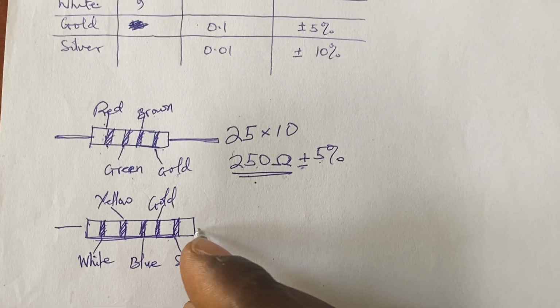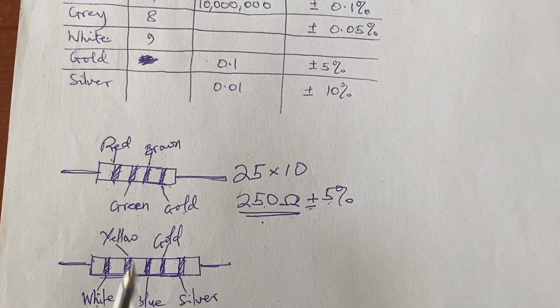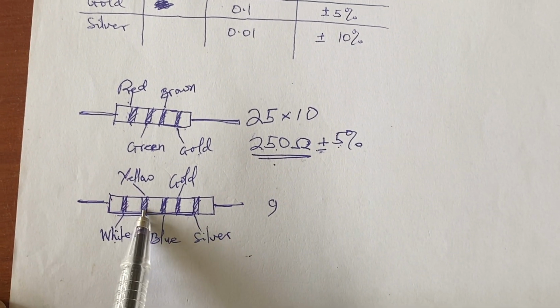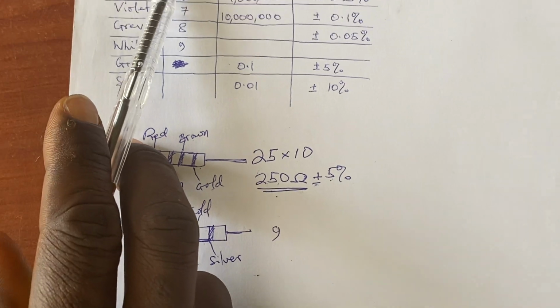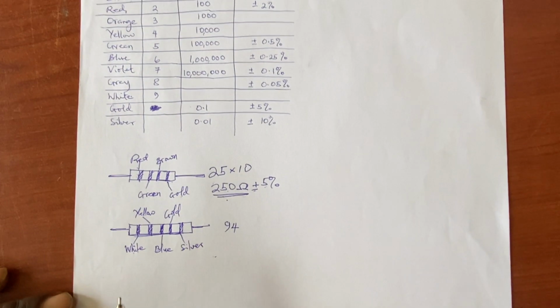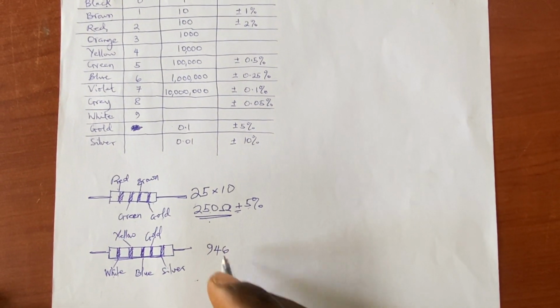Now let us explain how this is going to be gotten. White is what? 9. Then followed by yellow. From the chart we have it as 4. Blue is 6.